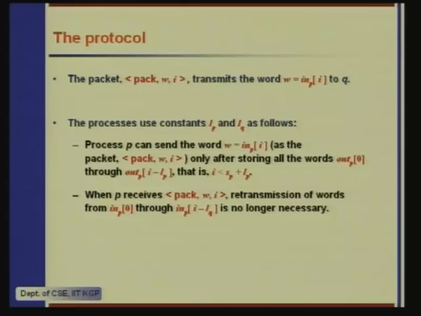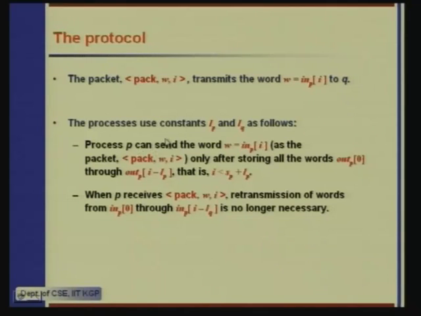Okay. So, that is why we say that it is a balanced protocol. We are not going to allow sending of the words from in p arbitrarily fast. It is going to be synchronized in some way with the words that are received from q.